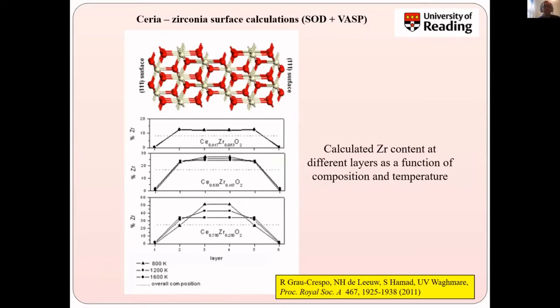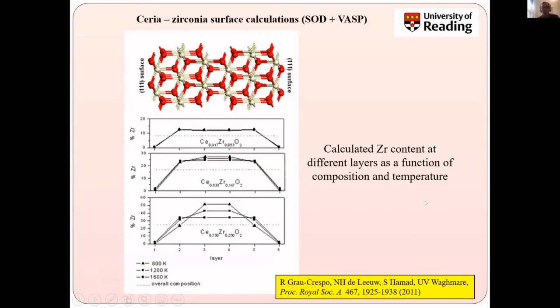For example, if you take a slab with the 1-1 surface on one side, and then you calculate distributions here, then you can obtain the average occupancy of zirconium at different layers, at different distances from the surface. And you can see that the surface, for example, in this material is depleted of zirconium compared with the overall composition, that is the dotted line.